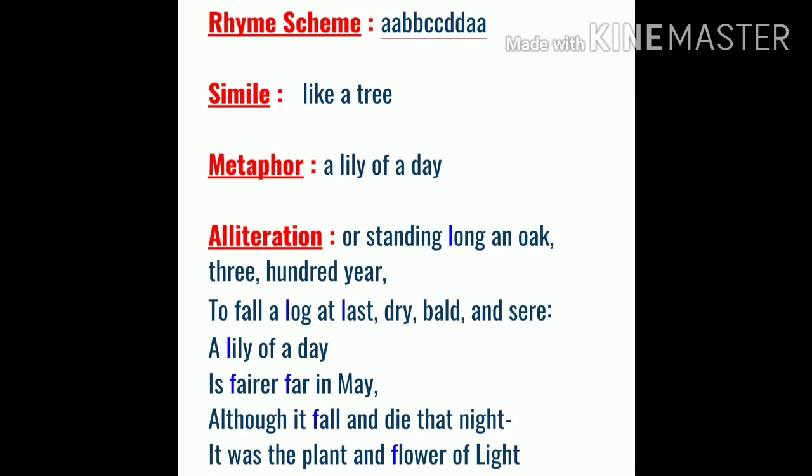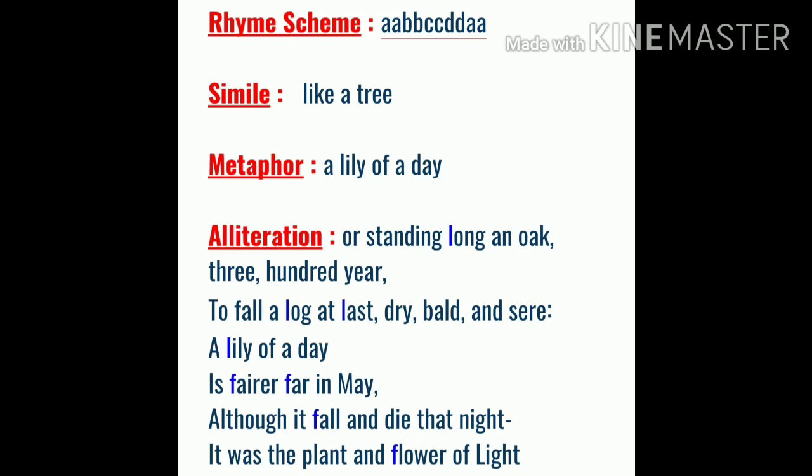O standing long an oak 300 years, to fall a log, at last dry, bald and sere, a lily of a day. In these lines, L in long, L, log, last and lily. L is used again and again. It means alliteration has been used here.